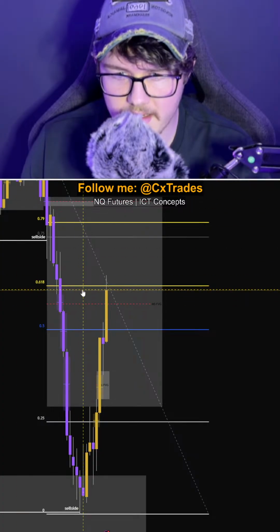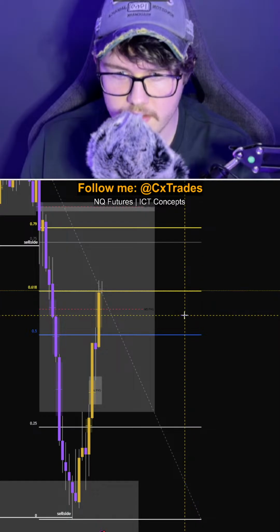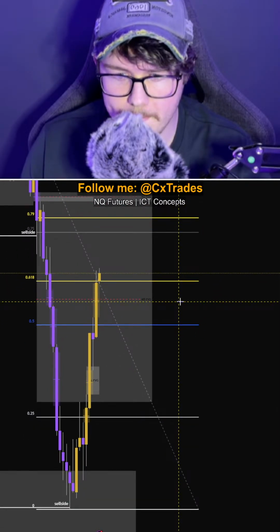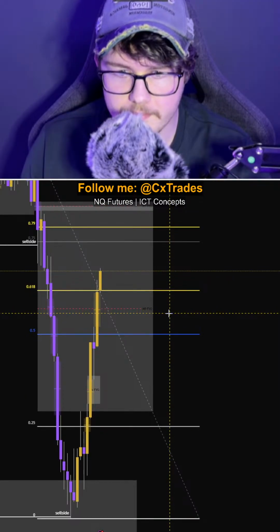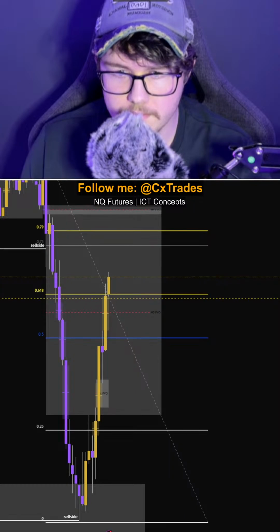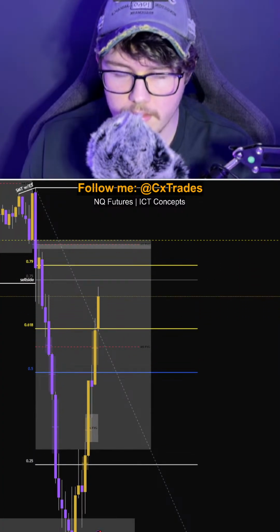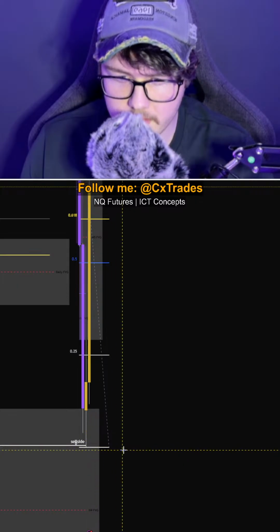This closure is technically valid for a long on the M1, but you're already inside of an M5. Oh, looks like that little tiny liquidity sweep is enough.